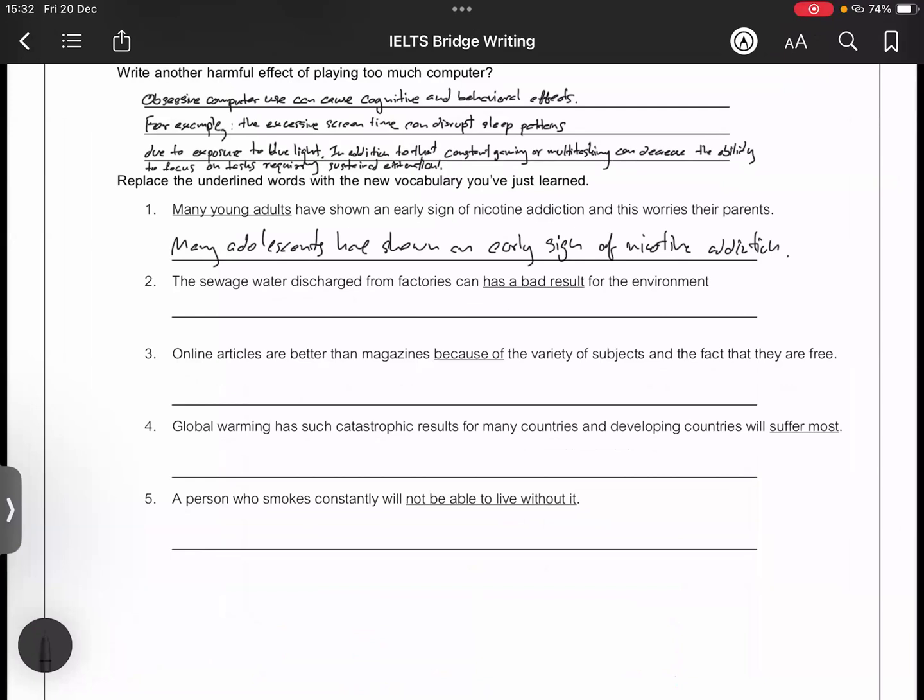Right. Next, the sewage water discharged from factories can have, I think this is a typo, can have a bad result for the environment. Okay.